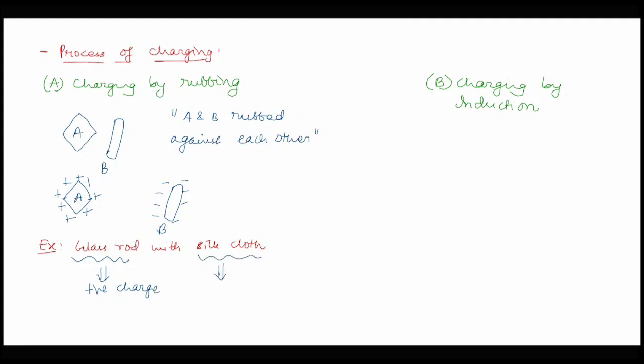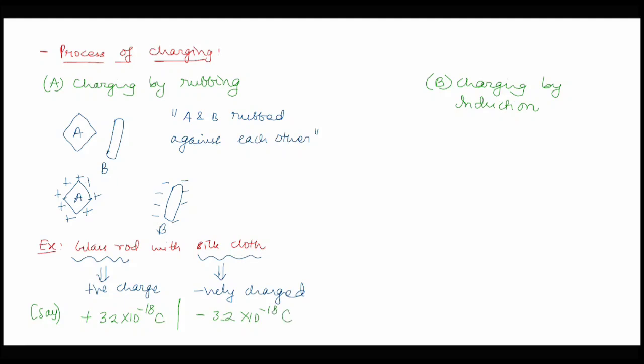It must be kept in mind that the charge on both of them is going to be equal in magnitude. For example, if the glass rod acquires, suppose, 3.2 × 10^-18 coulomb charge, then the silk cloth will acquire -3.2 × 10^-18 coulomb charge.